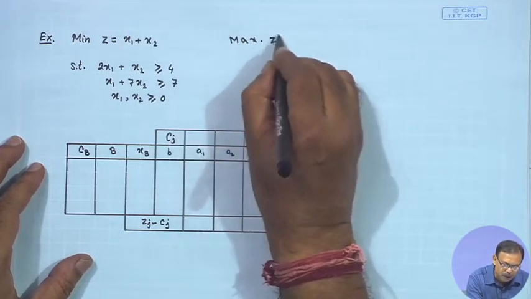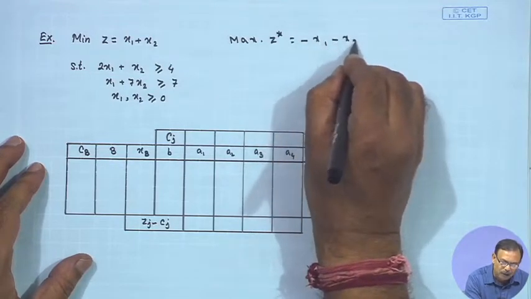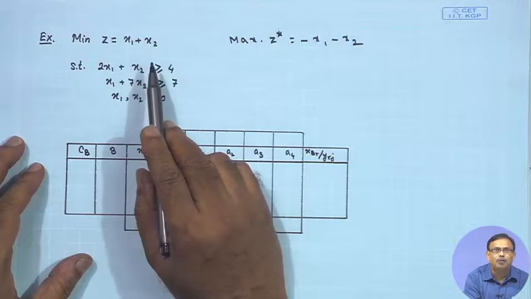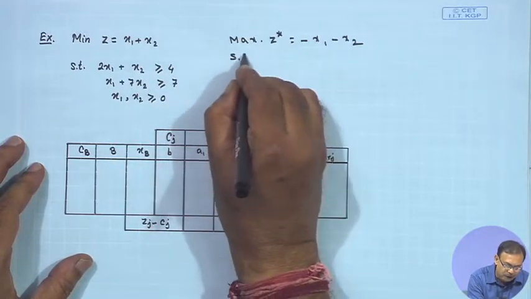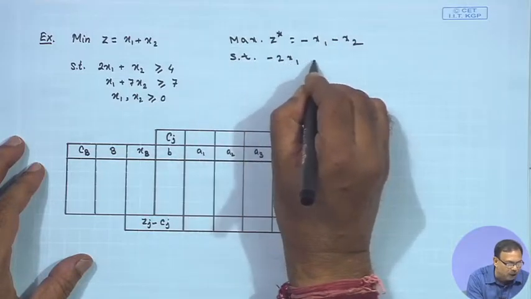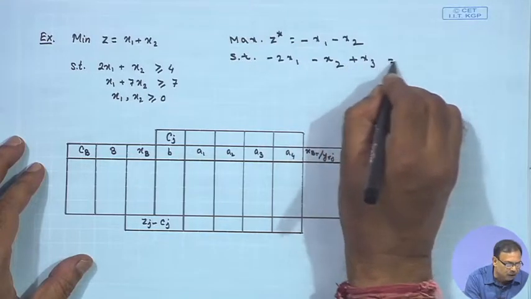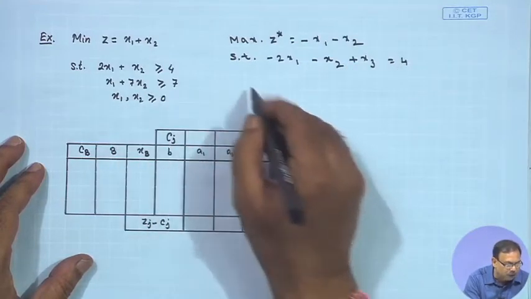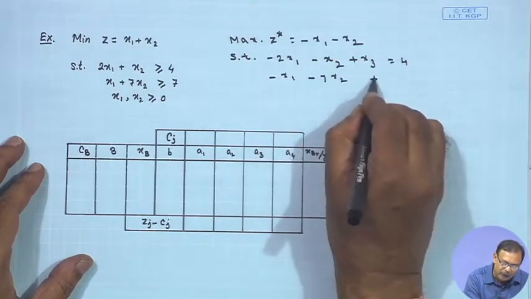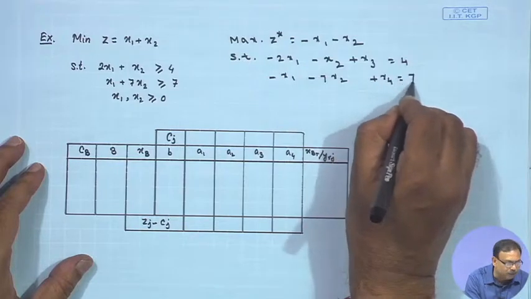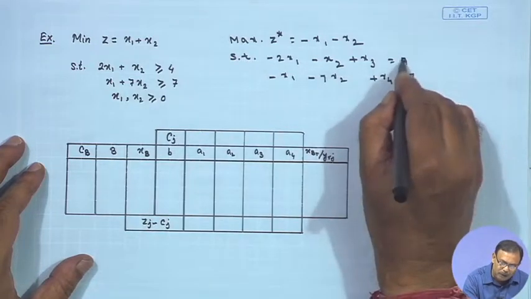So, the problem will be: maximize z star equals minus x 1 minus x 2, since it was a minimization problem and I have to multiply by minus 1. Subject to minus 2 x 1 minus x 2 plus x 3 equals minus 4. The second one is minus x 1 minus 7 x 2 plus x 4 equals minus 7, since I have multiplied both by negative.